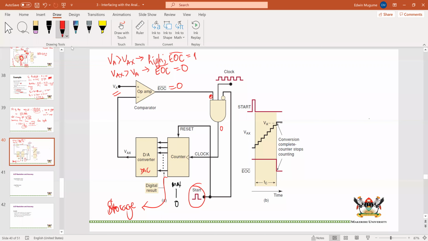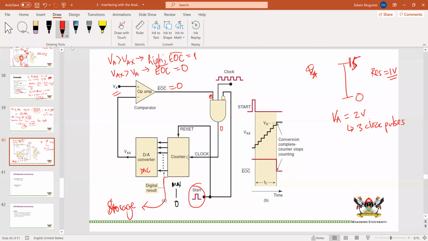So let's say for instance that you have a counter that counts from 0 to 16, and let's assume that the resolution is 1 volt, meaning we go from 0 to 1 to 2 up to 15, in fact, not 16. It means that if VA is about 2 volts, then we will need 3 clock pulses, and we will convert this using 3 clock pulses.